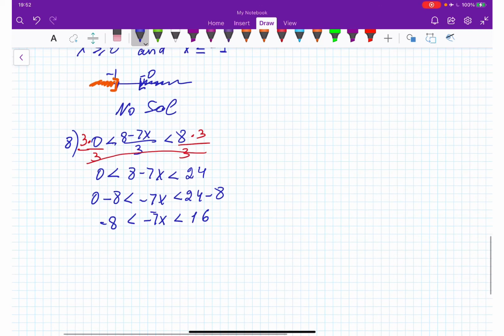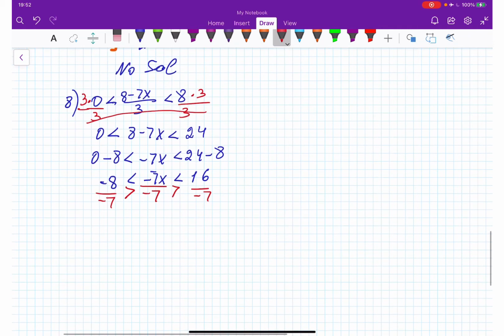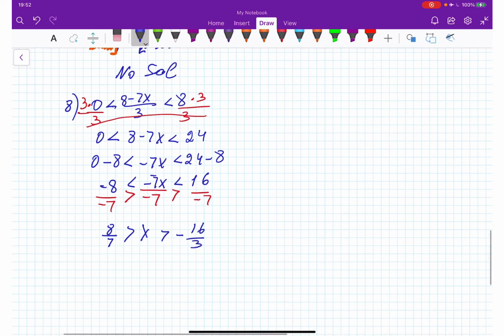So we are dividing by negative 7, to get rid of the negative 7, which means it's going to flip the symbol also. And we are getting positive 8 over 7 greater than x and greater than negative 16 over 7.